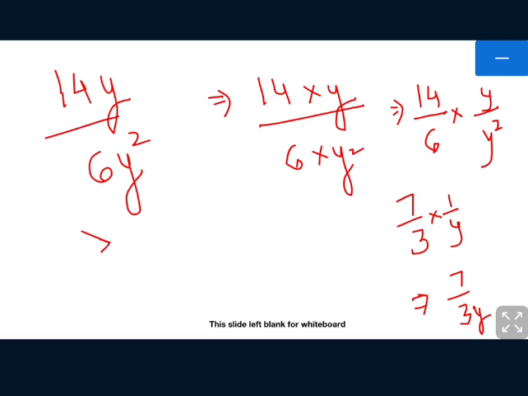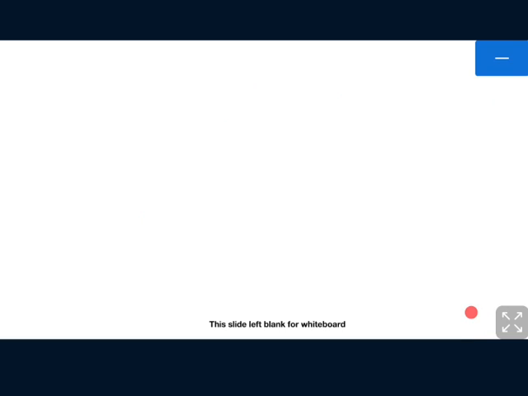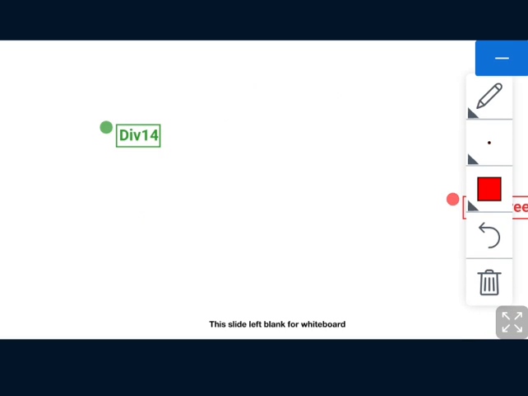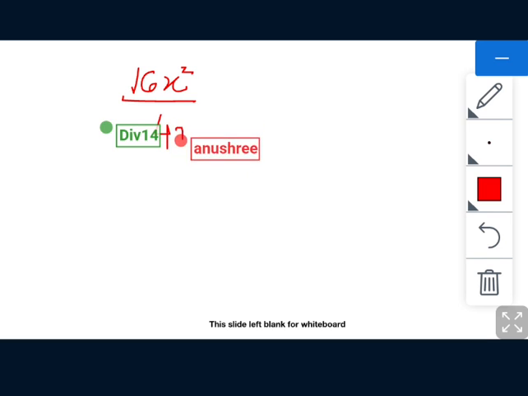Does it equal 7 over 3y? 7 divided by 3y. Is this clear? Done. Okay, so solve this one. 16x squared divided by 4x.